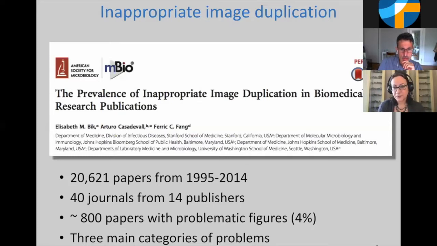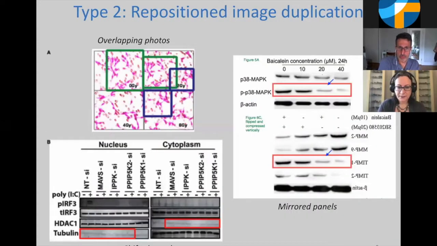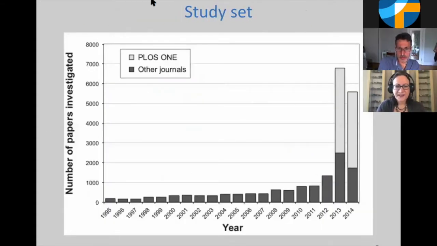One of the questions I had is, how did you pick these 20,000? Is it all of them, or anything with a Western? No, I started by scanning PLOS ONE, so I can show that. So this is the study set.